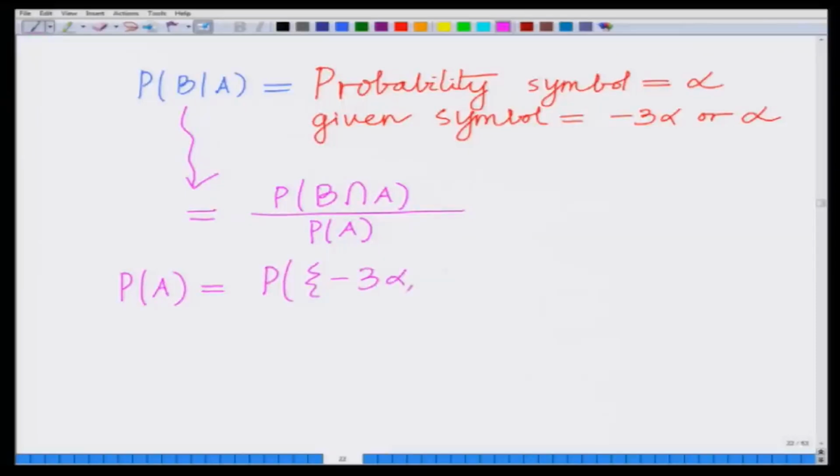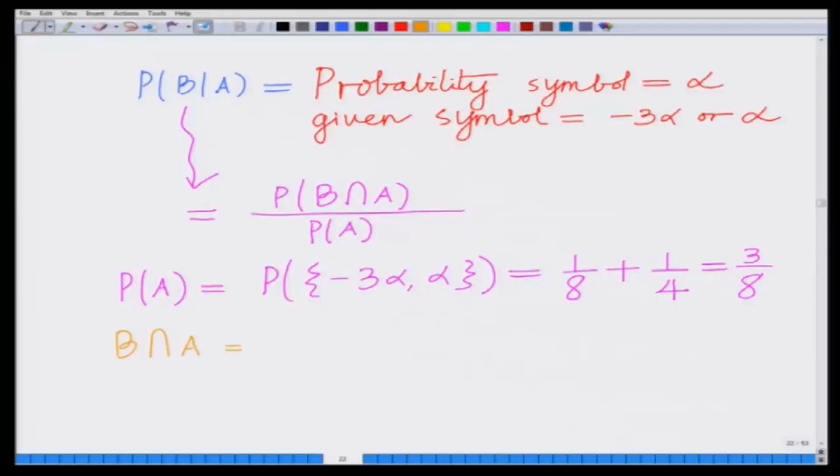The probability of A equals the probability of minus 3 alpha comma alpha, which is equal to the probability of minus 3 alpha, 1 by 8, plus the probability of alpha, which equals 1 by 4. This is simply equal to 3 by 8. Now, what is B intersection A?